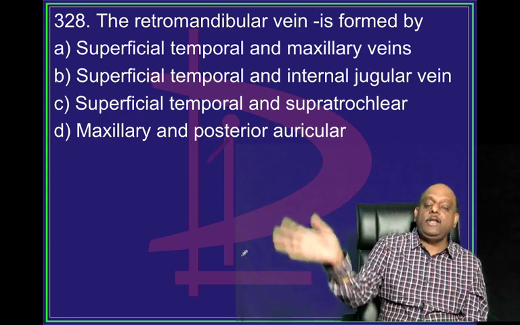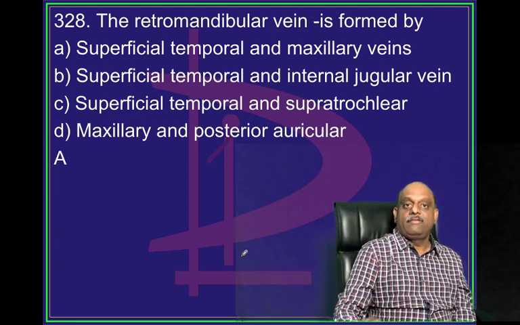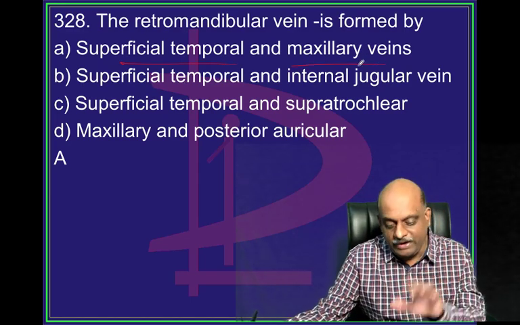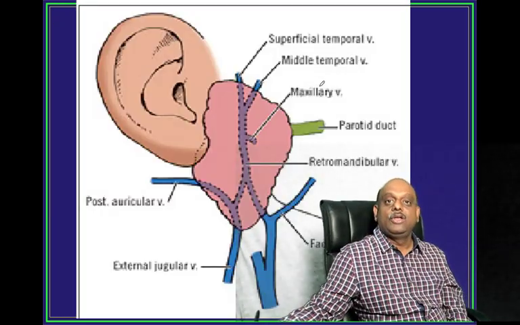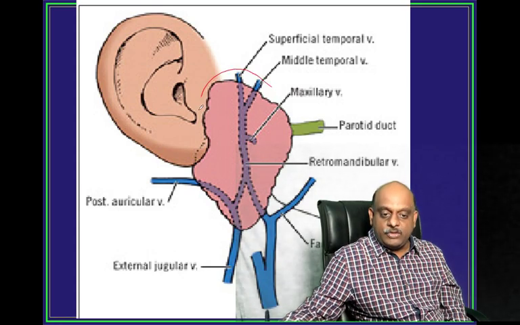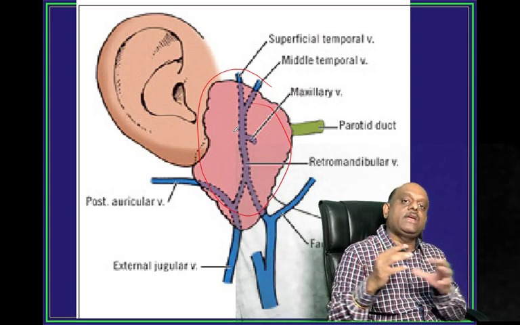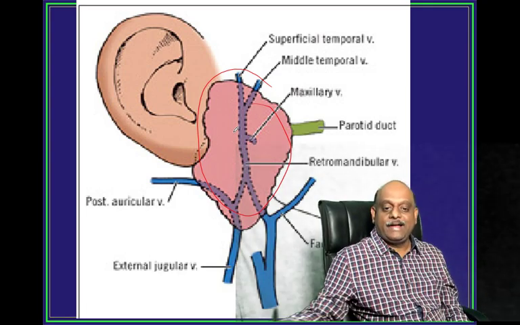How the retromandibular vein is formed is the favorite question of the examiner. Superficial temporal and the maxillary veins combine to form it. The parotid gland is the point of merger for all these venous systems.